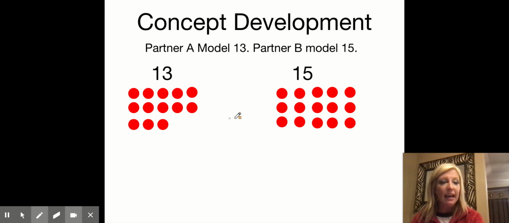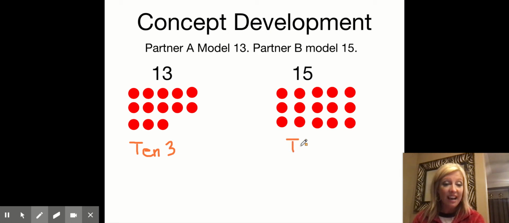Okay, so you can look at them and kind of tell, but let's do the say 10 way. How do you say 13 using the say 10 way? Very good. 10, 3. Okay. How do we say 15 the say 10 way? Very good. We say it 10, 5.